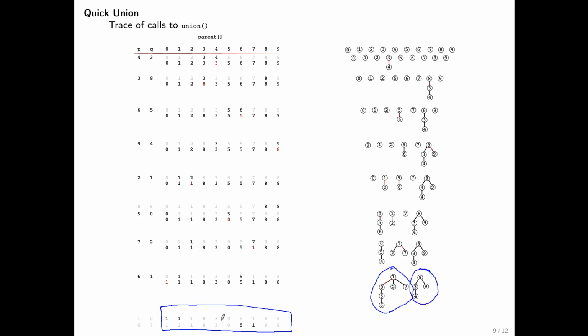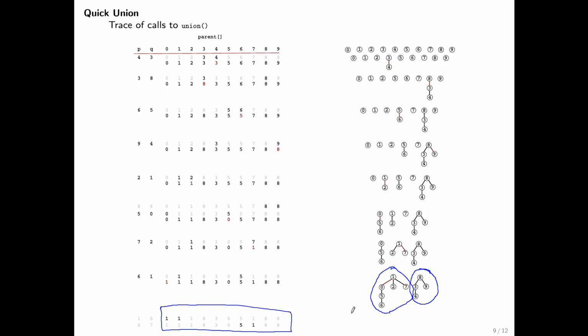For any node inside of a component, we can find its parent just by looking at the values in the array. So who's the parent of 6? Well, simply consult the array. At 6 we have 5 here, and that's what we see here. 5 is the parent of 6.